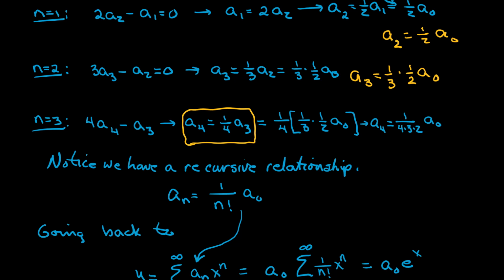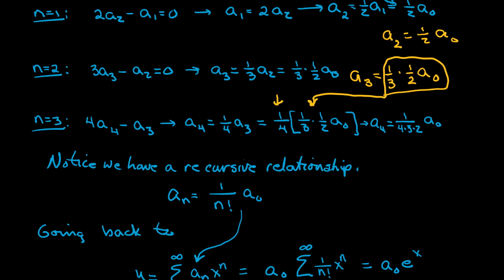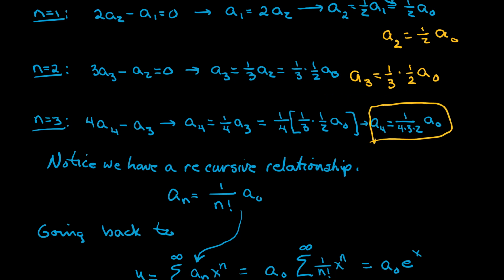So a sub 4 is going to be 1/4 a sub 3. When we rewrite a sub 4, we have a 1/4, and we can now bring along what a sub 3 is equal to. Well, that's 1/3 times 1/2 times a sub 0. So this then gives me that a sub 4 is going to be 1/4 times 3 times 2 times a sub 0.